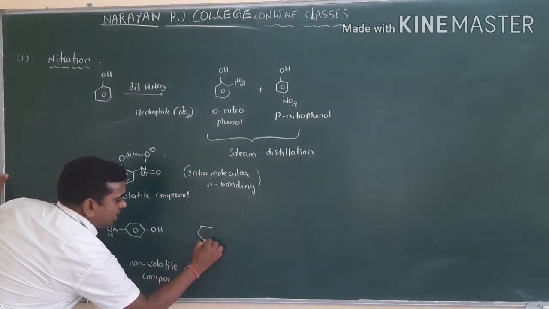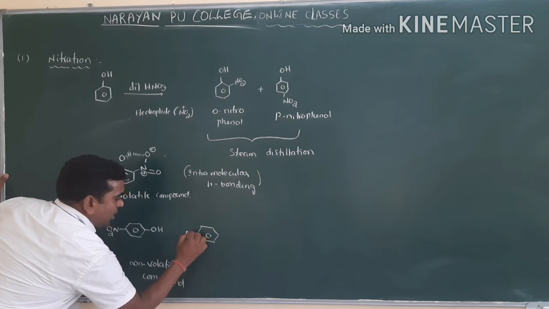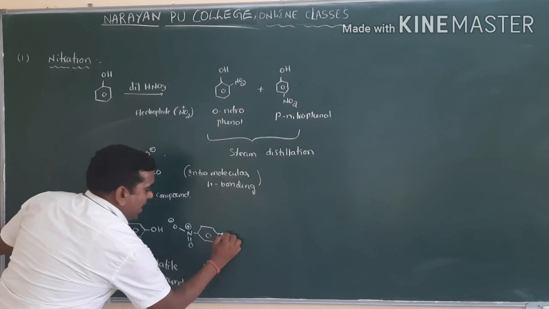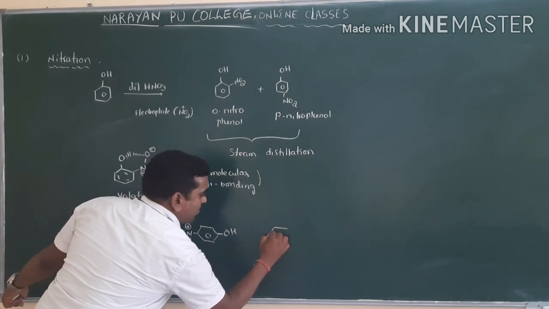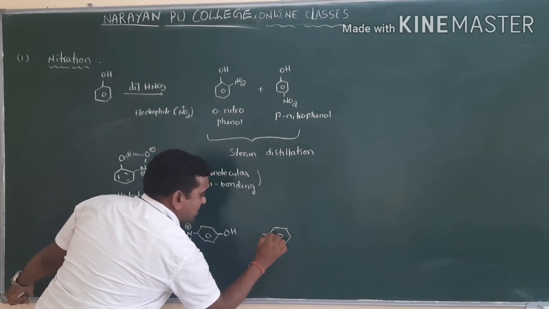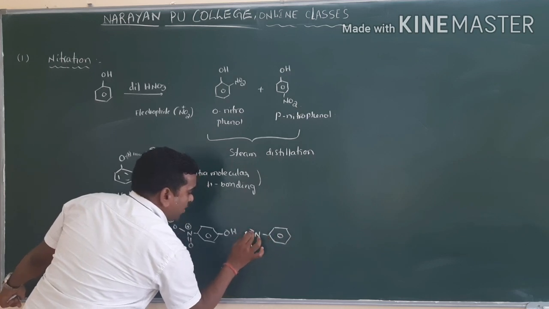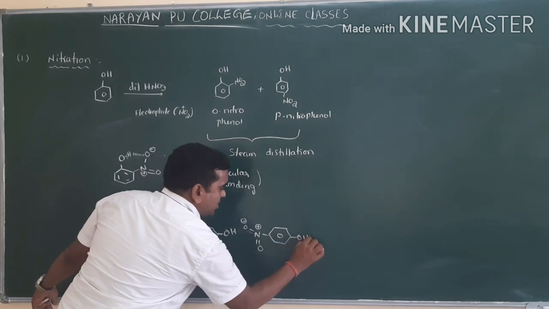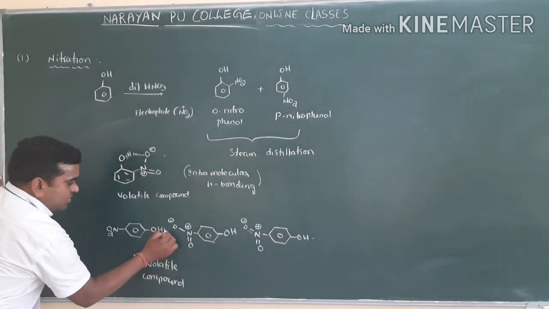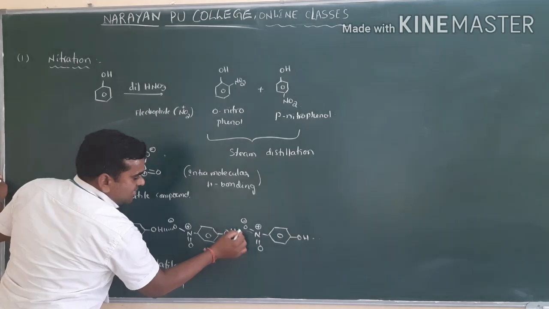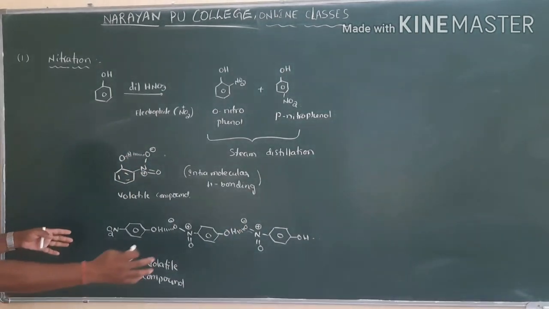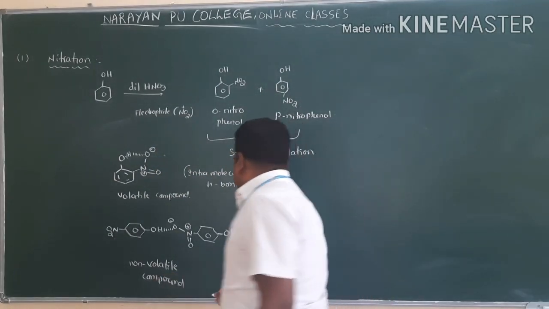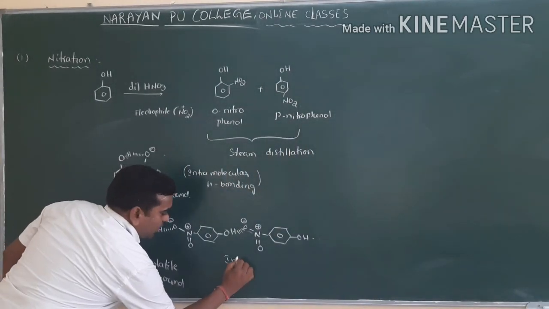If I take another nitrophenol molecule, with N double bond O, O minus, and OH, and the same for another molecule, and keep on writing like this, then you see this is a hydrogen bond and this is a hydrogen bond. So more molecules are associated and form intermolecular hydrogen bonding.